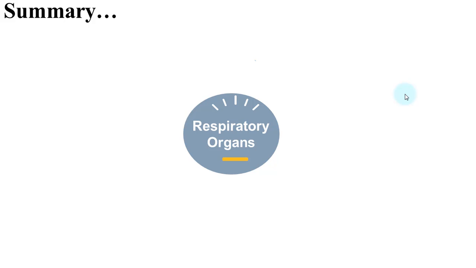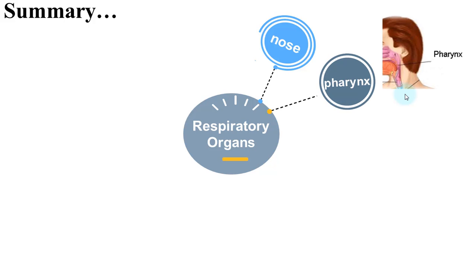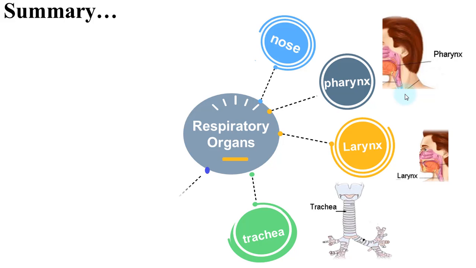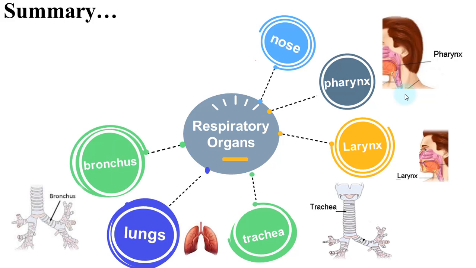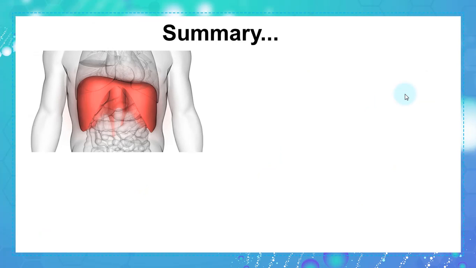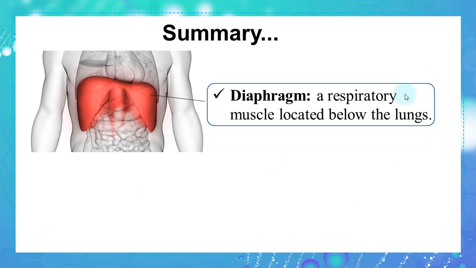As a summary, the respiratory organs that form the respiratory system are nose, pharynx, larynx, trachea, lungs, bronchus, bronchioles, alveoli. Also, we talked about the diaphragm, which is a respiratory muscle that is located below the lungs.